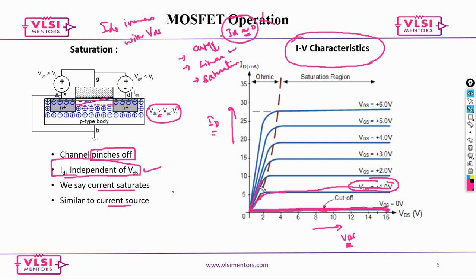So it charges, and then it becomes constant, and then it is going to be like this again. If you look at all of this, your linear is going to be this area where we say the transistor is in linear mode.